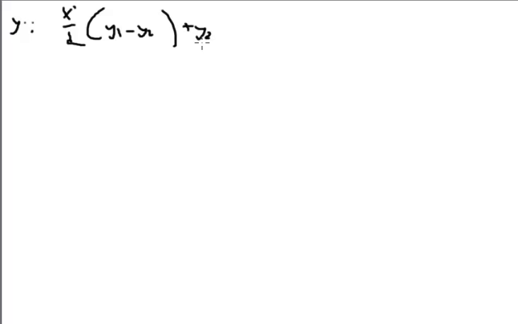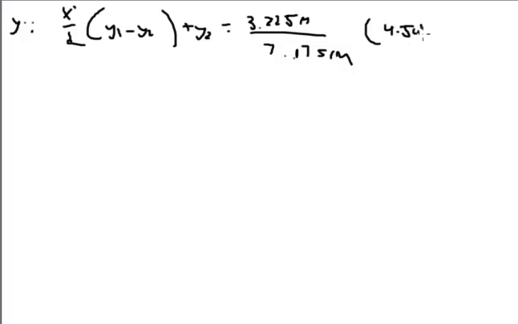So 3.325 over 7.175 meters times 4.501 minus 0 plus 0.